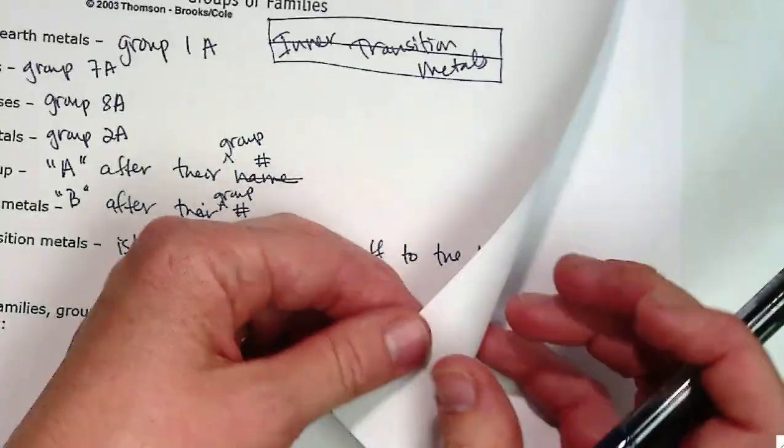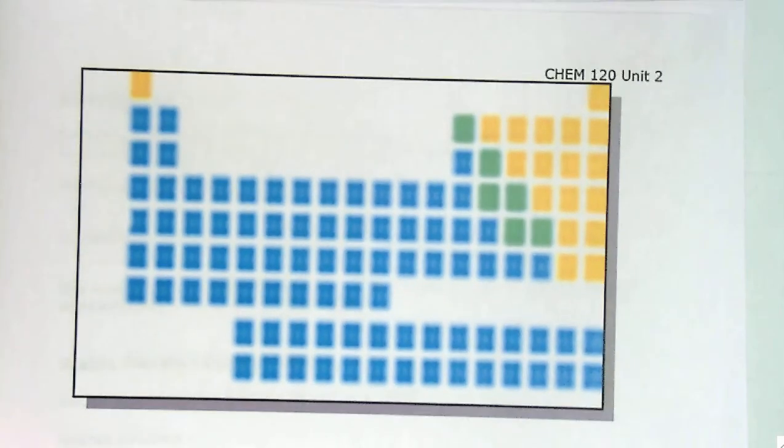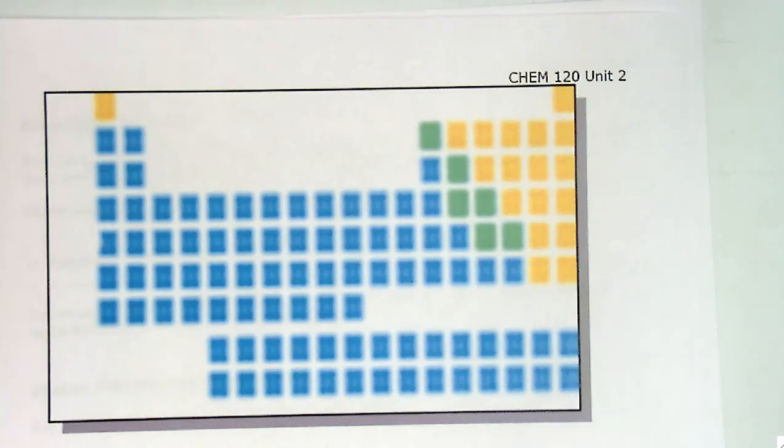It's good practice for you. So I want you to label the transition metals, the non-metals, the inner transition metals. Where are those? If you want to, hit pause and then fill these in. And hopefully you got some of them correct.